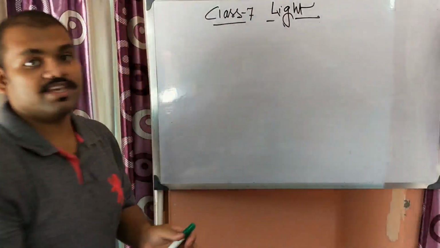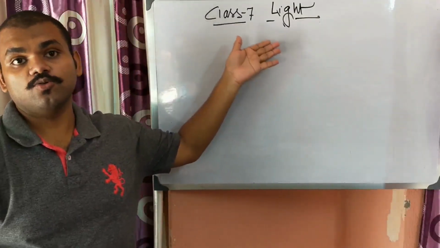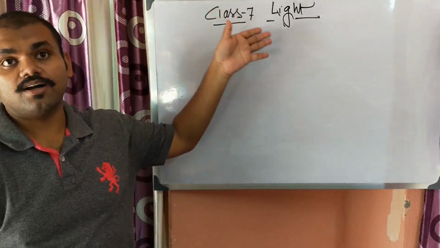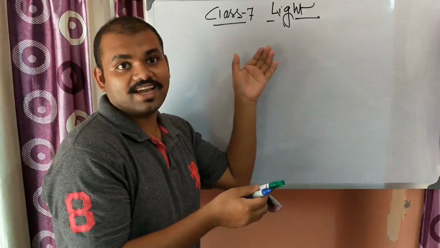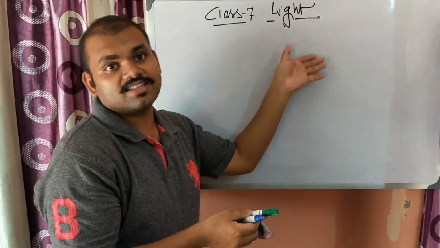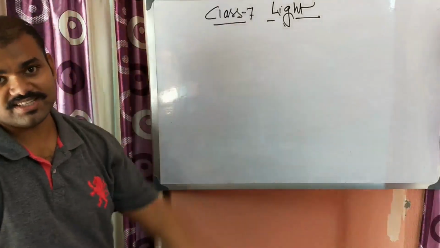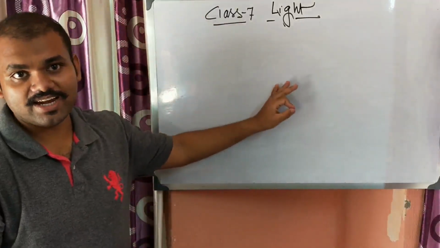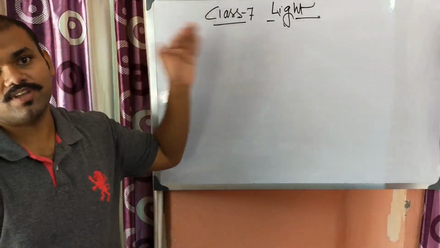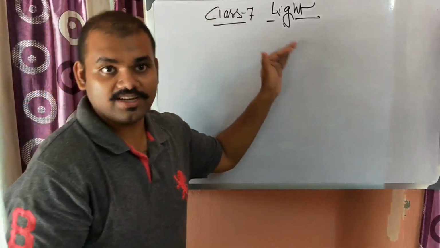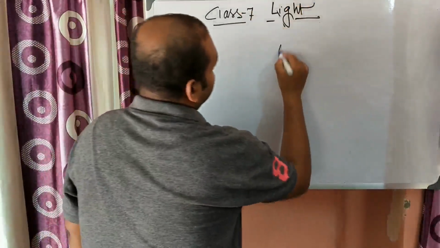And mention one thing, you need to put an arrow in every case to make the teacher understand in which direction the light is coming from. It is very necessary for any ray diagram. So give the direction of the light clearly by the arrow head.